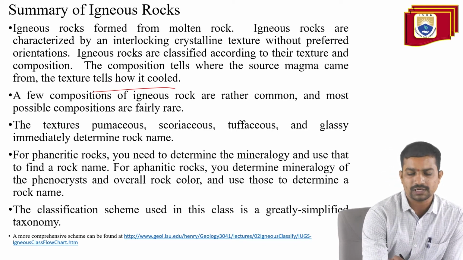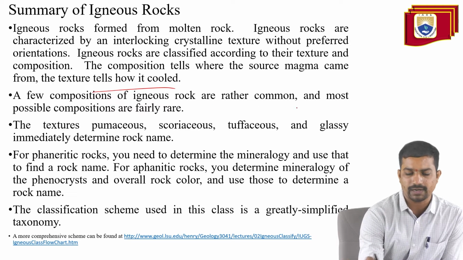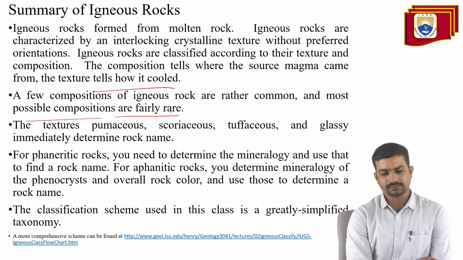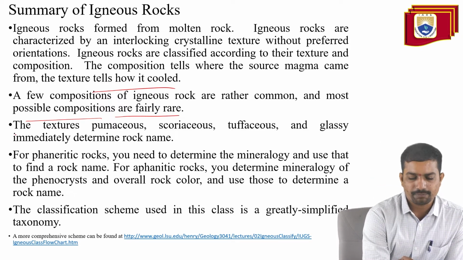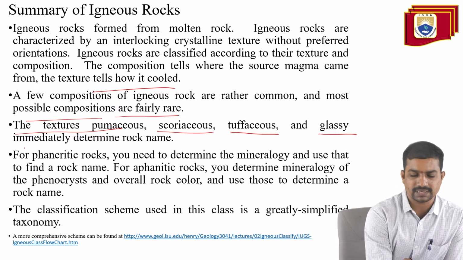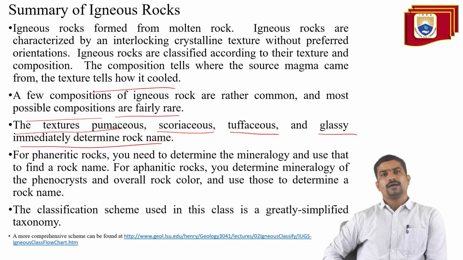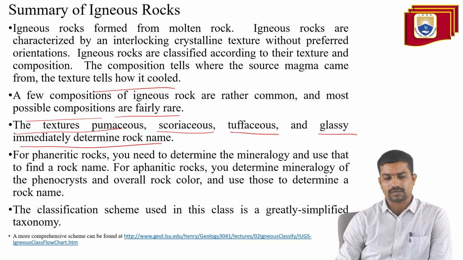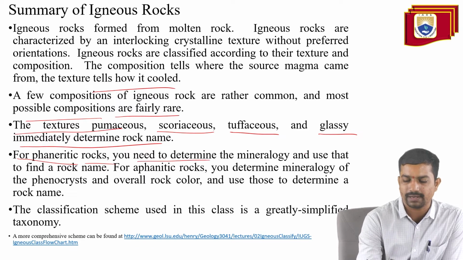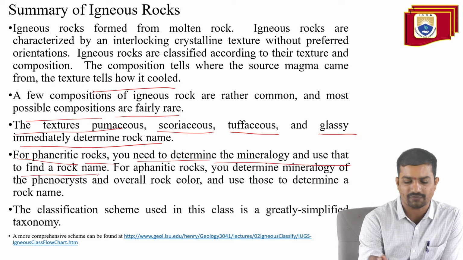A few compositions of igneous rock are rather common and most possible compositions are fairly rare. So the textures pumiceous, siliceous, tufaceous, glassy immediately determine the rock name. For phaneritic rock, you need to determine the mineralogy and use that to determine the rock name.